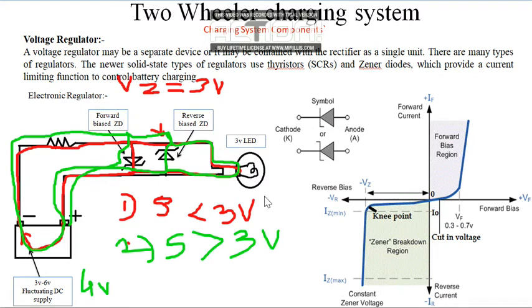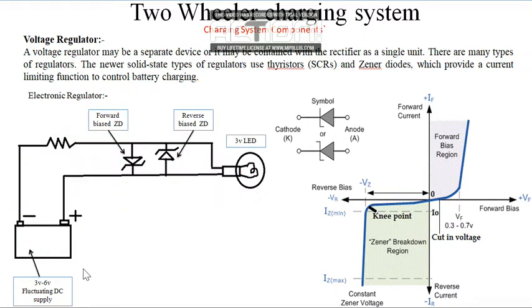This is the reason, because of the VI characteristic. Now we will correlate this. So in the second case, more than 3 volt is supplied by the source, for example 4 volt.